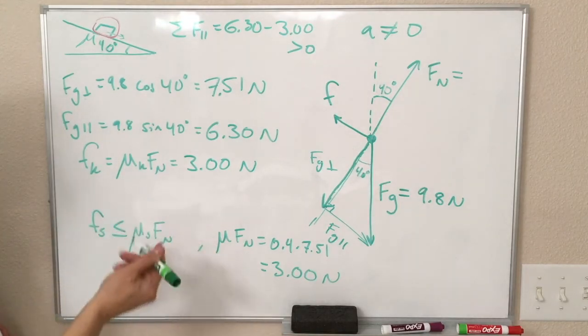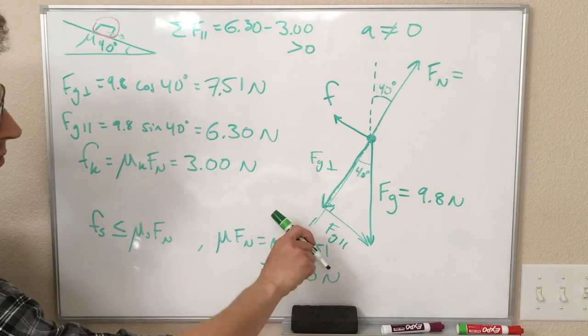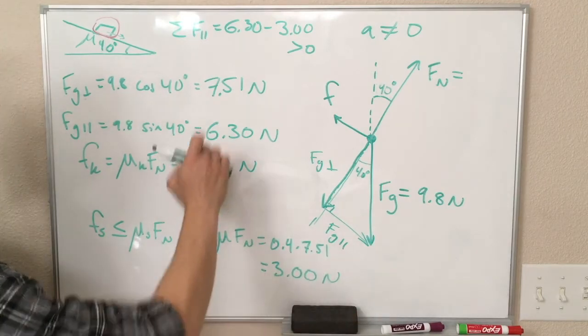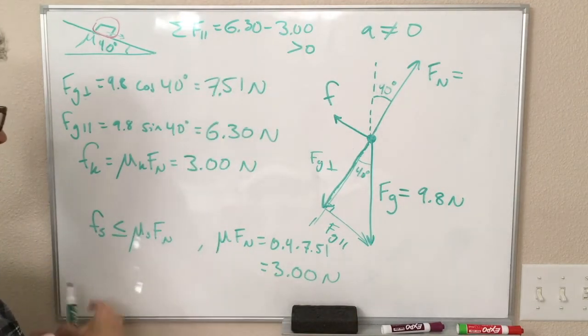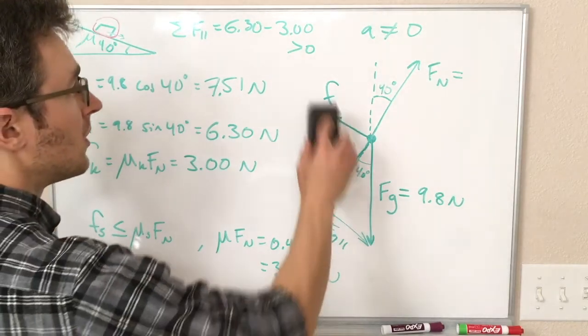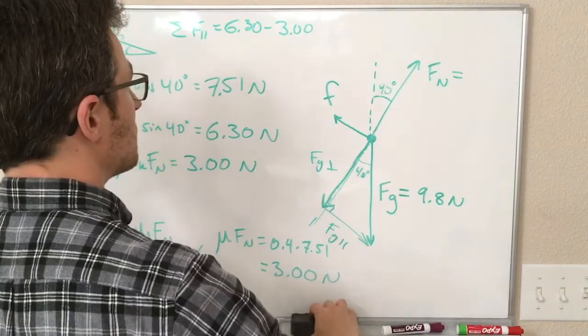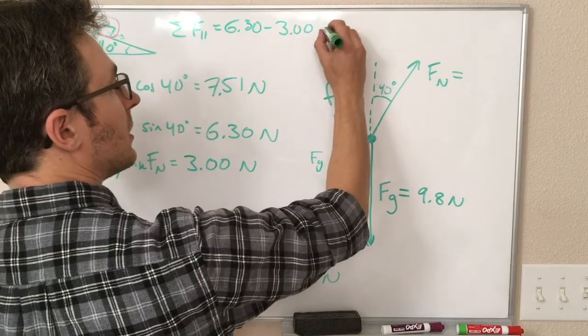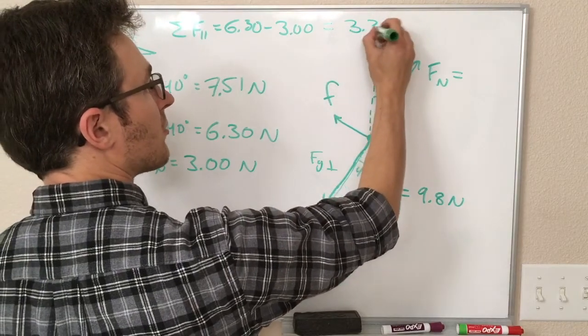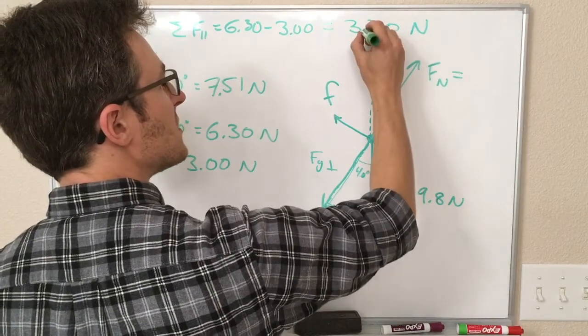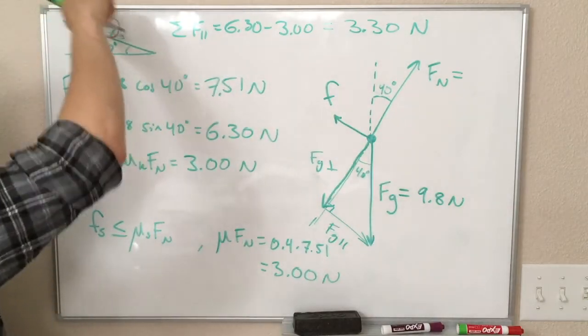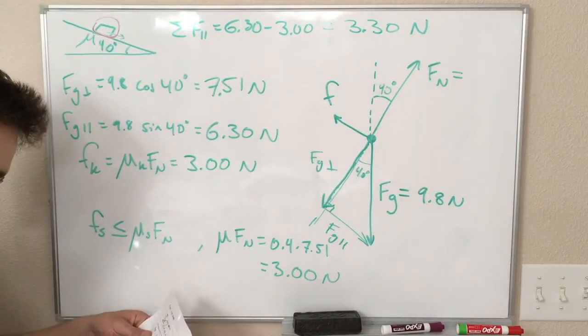That means our force is equal to 6.3 newtons down minus 3 newtons up, which was the same thing we wrote before as a check on the static friction. So let's subtract those. 6.3 minus 3 is 3.30 newtons. So this is the net force in the down the ramp direction.